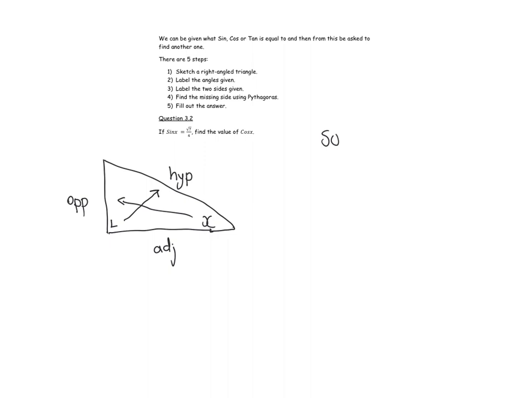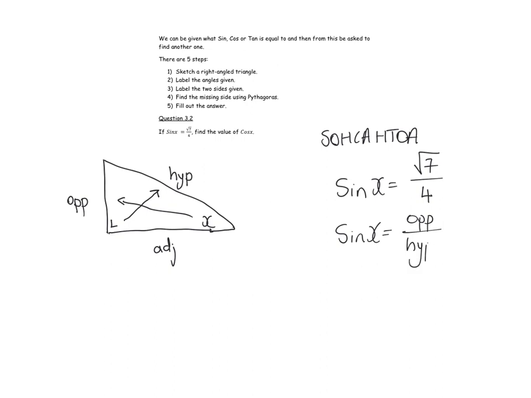Now, we know SOHCAHTOA, and we also know here that sine of x is equal to the square root of 7 over 4. So in this one, we have sine, and we know the sine of x is equal to the opposite over the hypotenuse.